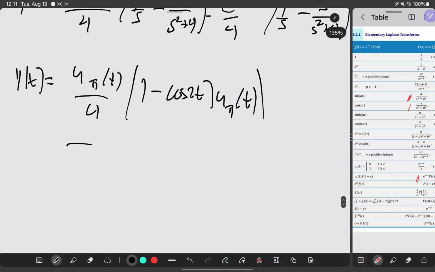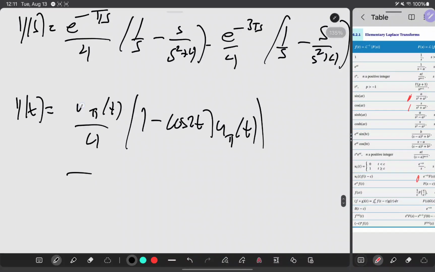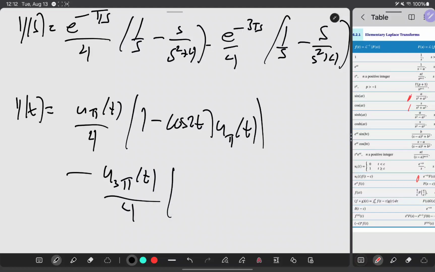I'm writing too big. U 3 pi of t over 4 times, sorry, that's not t, is it? That's cosine of 2 times t, in this case is t minus pi.